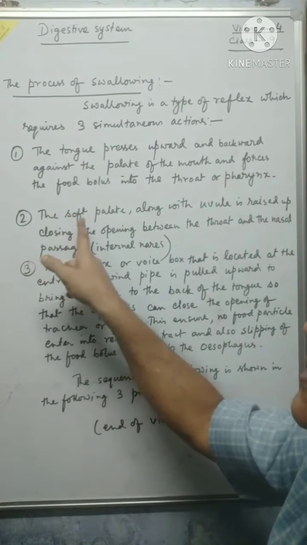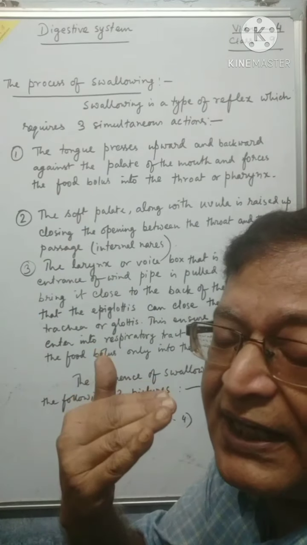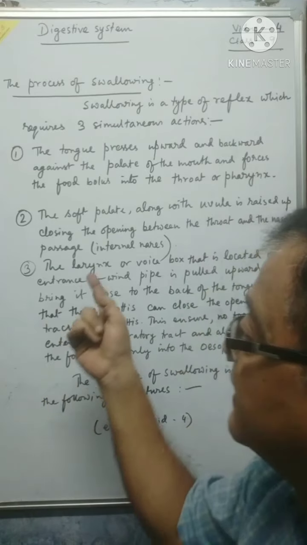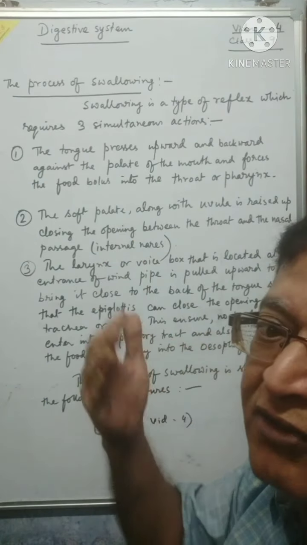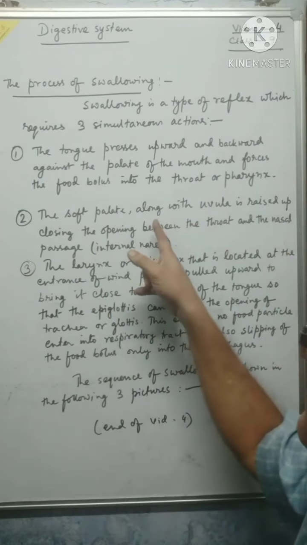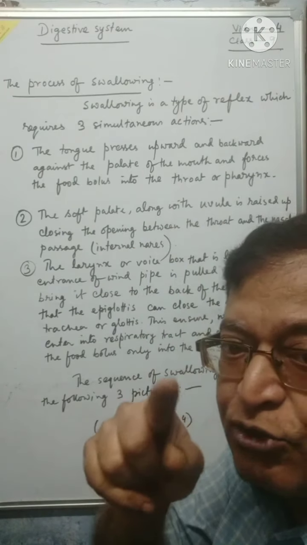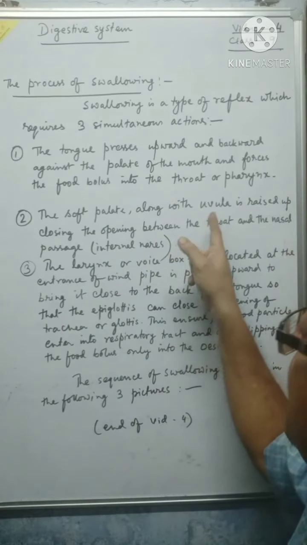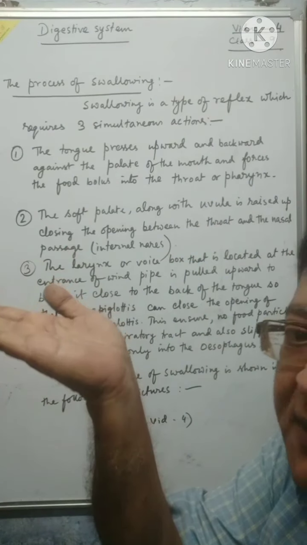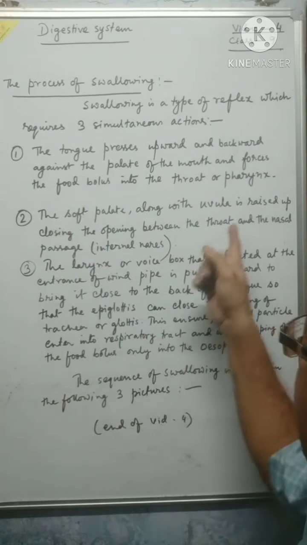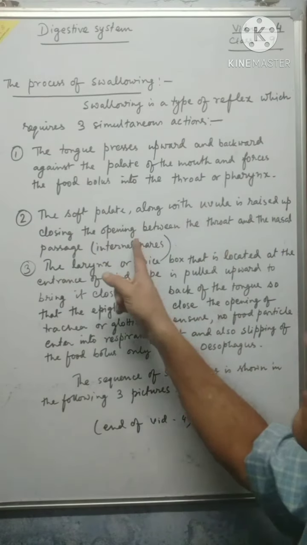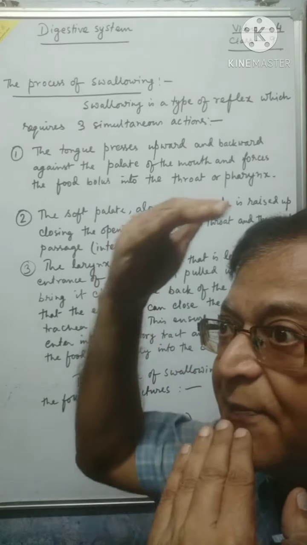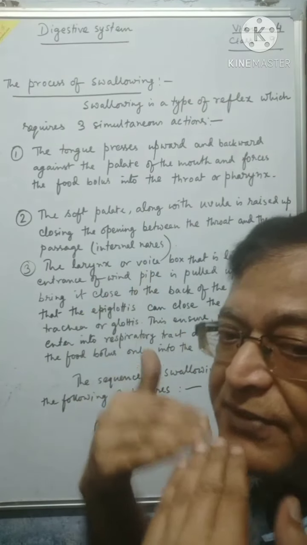Second point, the soft palate. The backside of the palate is soft, the front part of the palate is hard. The soft palate, the backward part of the upper roof of our mouth, along with the uvula, the U-shaped small delicate structure, is raised up due to the pressing in number 1. It closes the opening of the nasal chamber, separating the nasal chamber from the mouth.